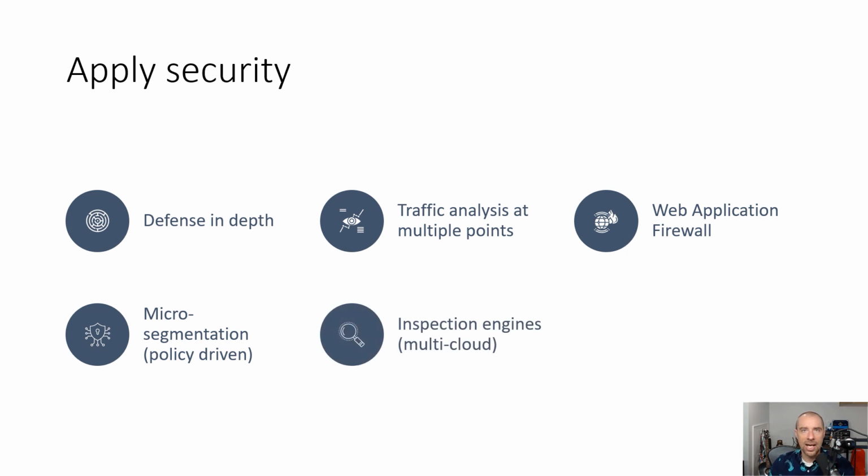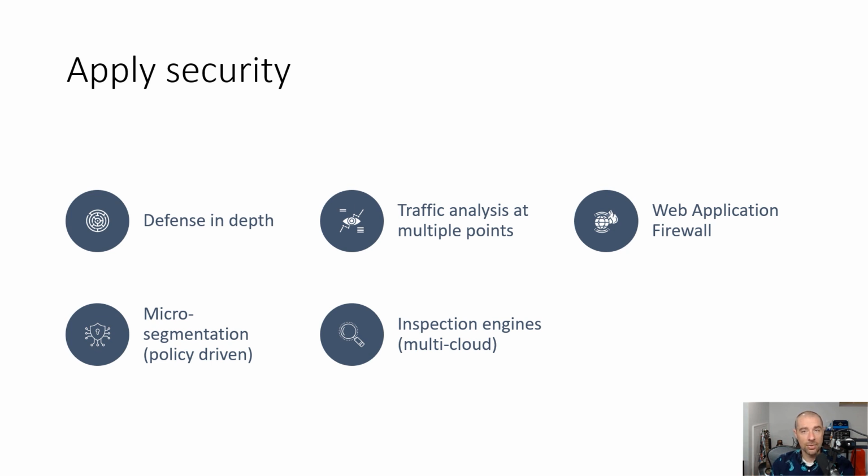The other thing that I'll say is you can use the native cloud tooling to do some of this, but there are some reasons why you may want to bring your own inspection engine in the form of a network virtualized appliance. And that could be, especially if you're doing multi-cloud. You don't want to have to manage the intricacies of these inspection engines across all the different public clouds.